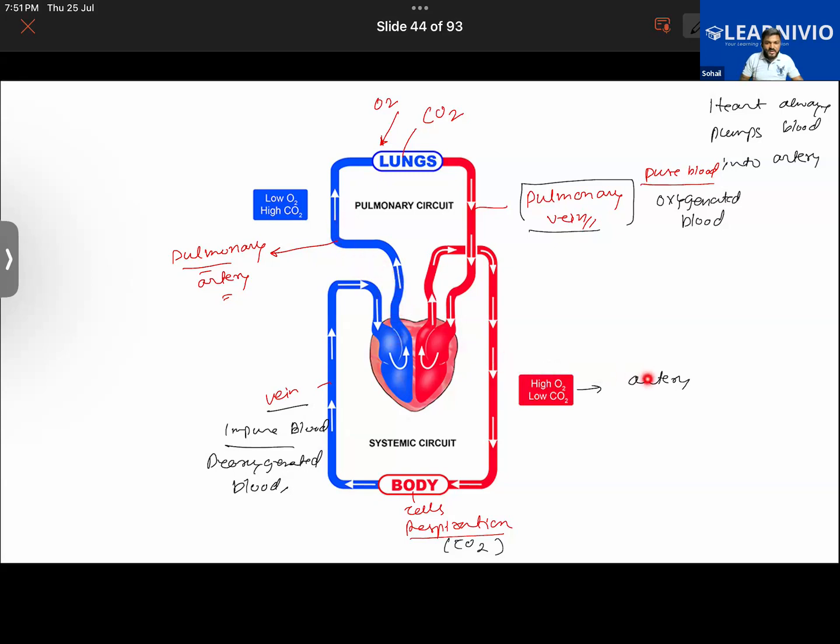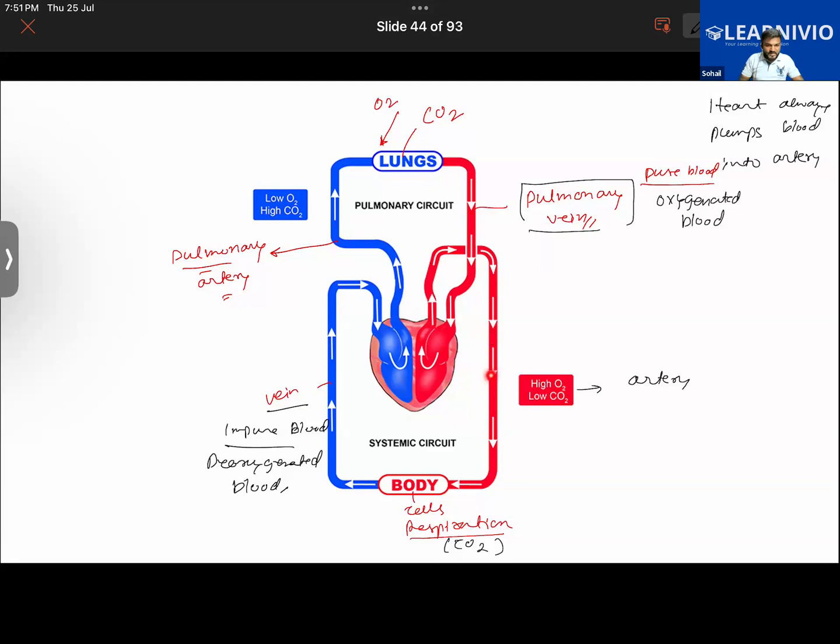Generally, we know that in arteries, blood is pumped from the heart and they carry pure blood, right? But in this particular case, where blood is being transported from the heart to the lungs, that is impure blood. That is how these two blood vessels are different.